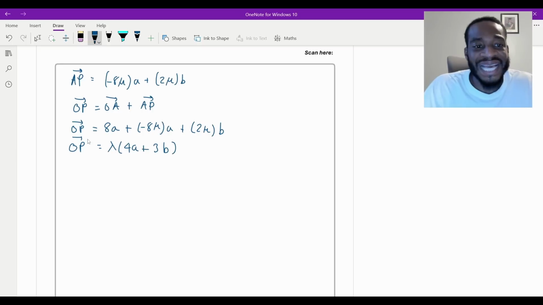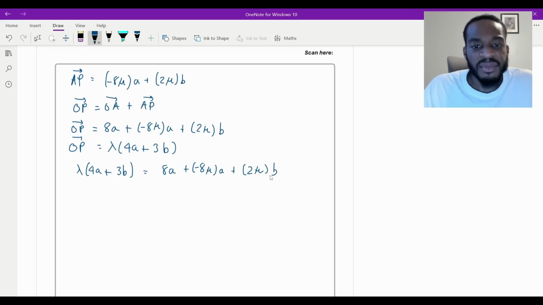Now I've got the exact same vector, but written two different ways. I can make them equal to each other. So lambda bracket 4A plus 3B is equal to 8A plus minus 8 mu A plus 2 mu B.